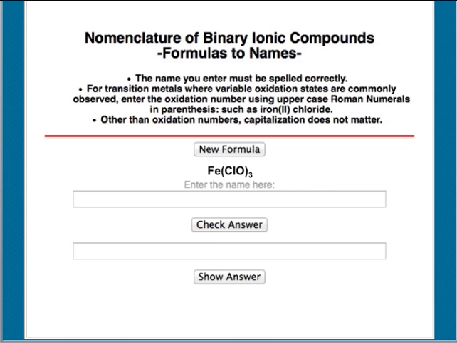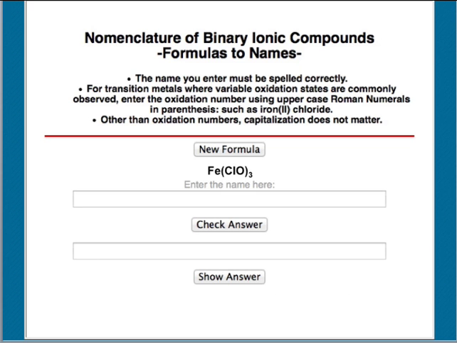Look at your table of polyatomics. What's ClO? Chlorate was our parent. We took 2 oxygens off. What does that make it? Hypochlorite. Clorox is sodium hypochlorite. All right. The charge on hypochlorite is -1.